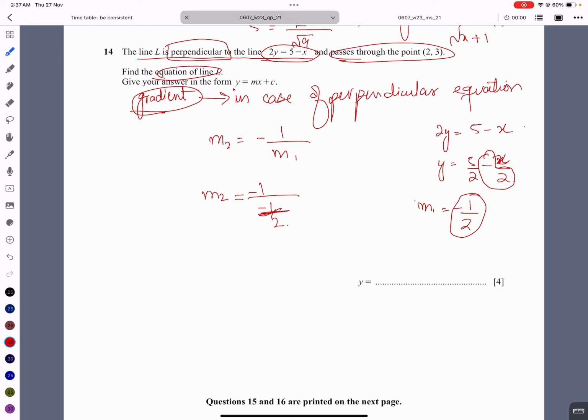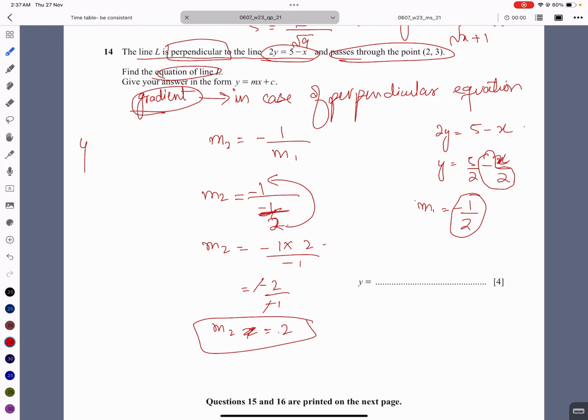Remember that when there is a fraction in the denominator, the denominator of that fraction multiplies with the numerator. This cancels. m2 is equal to 2. So this is the gradient.